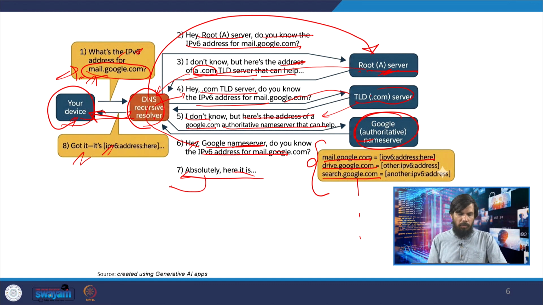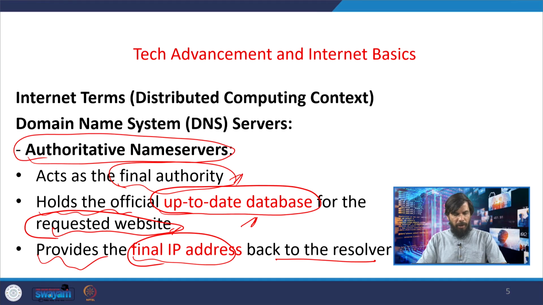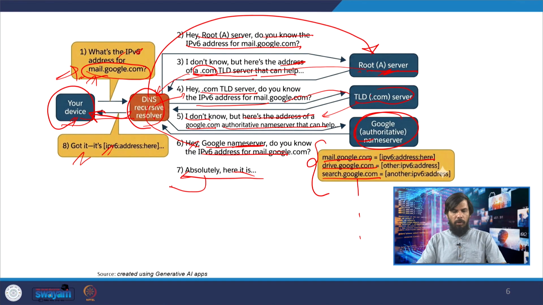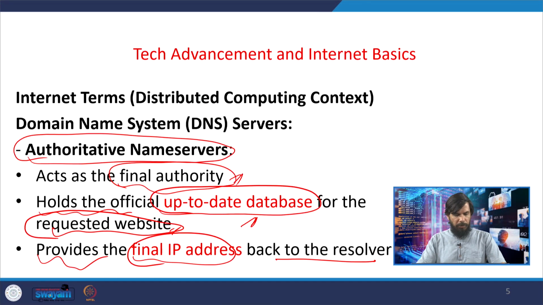So, here we have made the assumption that your device is new, many things are new, and the mapping could not be achieved in the earlier steps. So, if that is the case, this is how the full-blown process takes place in resolving the IP address for a given domain name for a given website.